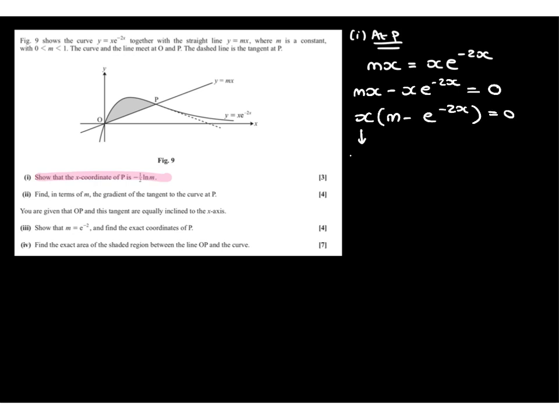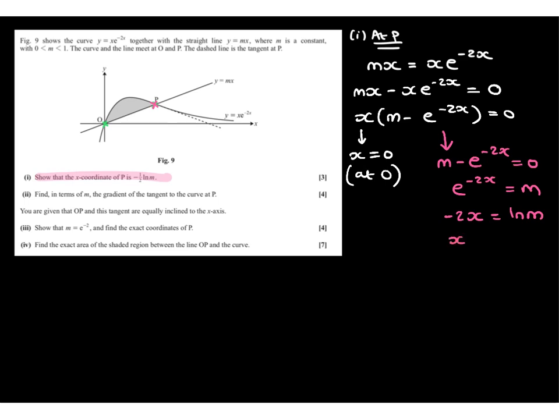Now, if x equals 0, this is not P, this is what's happening at the origin, because there are 2 points of intersection between the curve and the straight line. So we're not looking for that solution there. We're looking for this one here. So this one, m minus e to the negative 2x equals 0, e to the negative 2x equals m. Take ln of both sides, so negative 2x equals ln of m, and x then equals negative 1/2 ln of m, which is the required result.